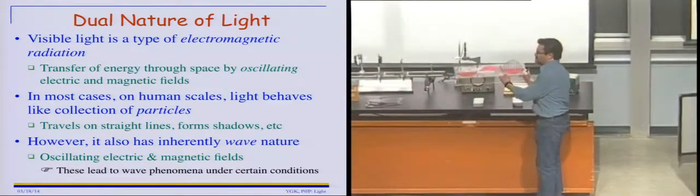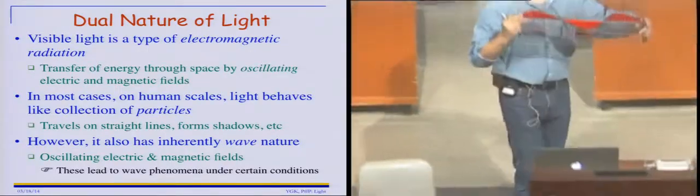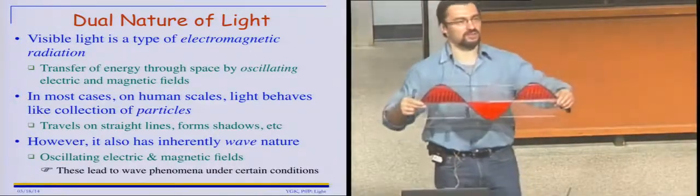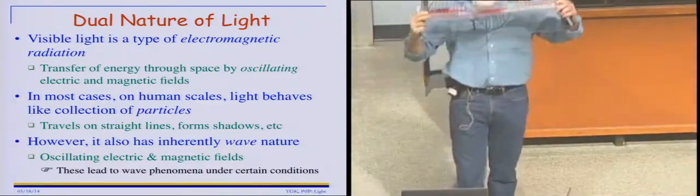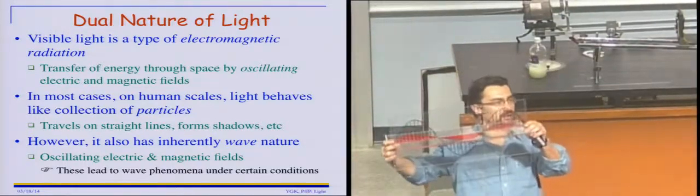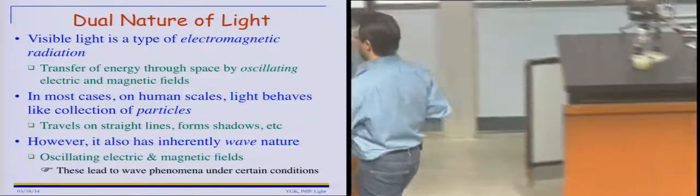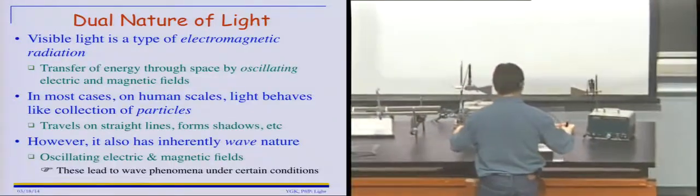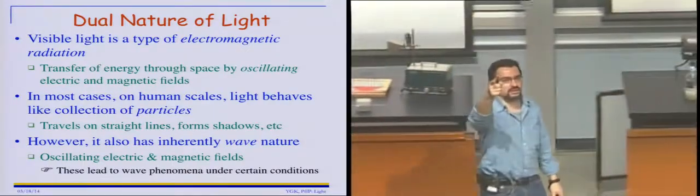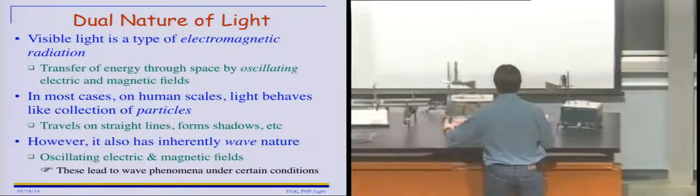Here I have actually a handy picture of how an electromagnetic wave would look in space. It's a combination of electric fields. There's this letter E with an arrow on top of it. That means electric field is a vector. Electric field is a quantity that has a magnitude and direction. And then there's another field on the side.